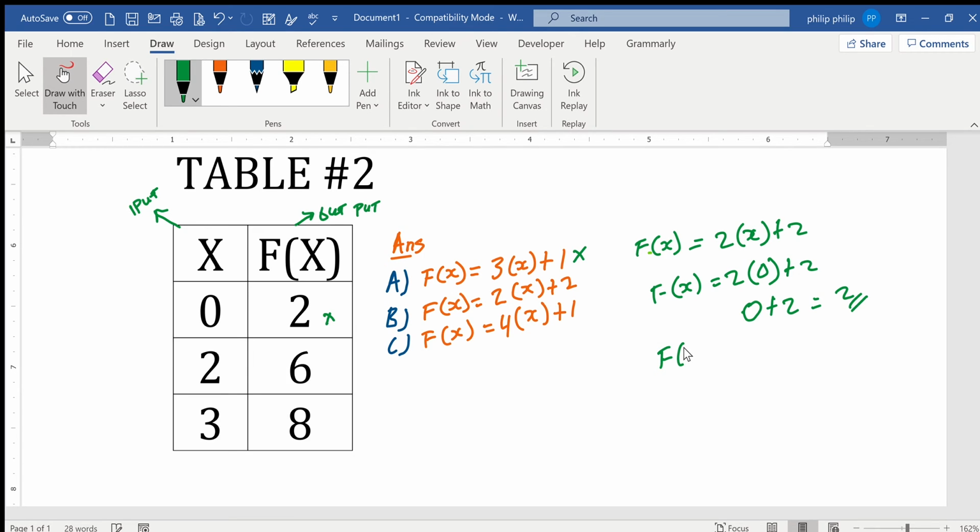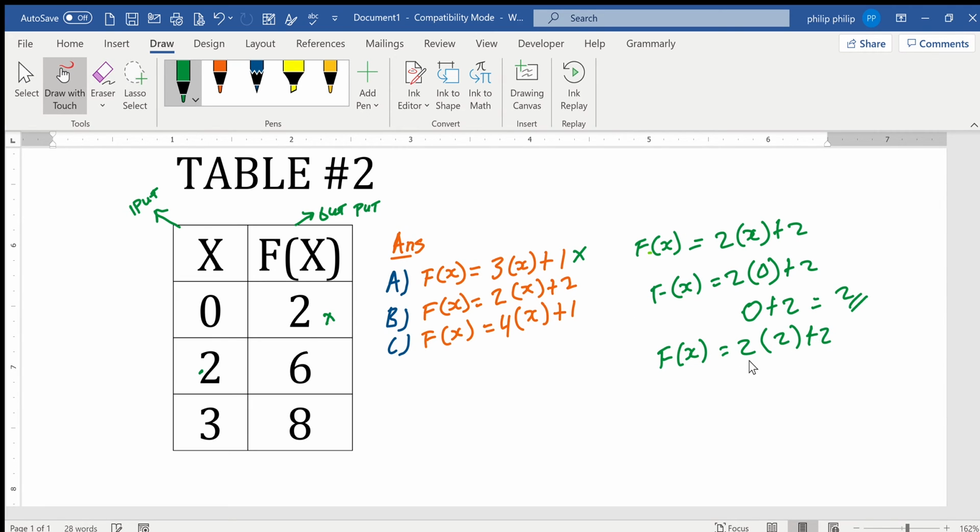Alright, now let's go to our next input value and see if this function satisfies it. Okay, so we have 2 times 2 because our next input value is 2, remember? So plus, what's our solution here? 2.